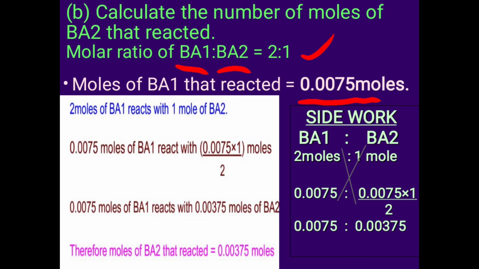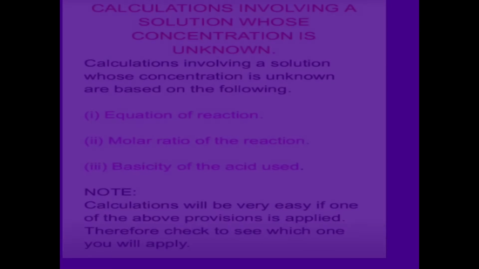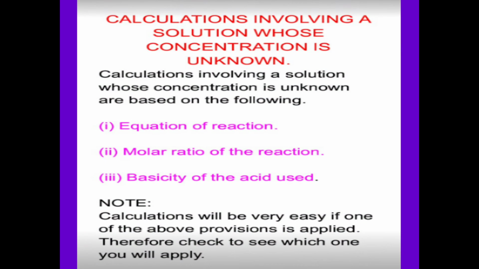For example, in this case, we had looked at the 3 ways we can use. Okay, let us make a flashback here. We looked at those 3 ways: in any calculation involving a solution whose concentration is unknown, one of the 3 must be provided. For us, it is provided as the molar ratio. So that is going to be our starting point.